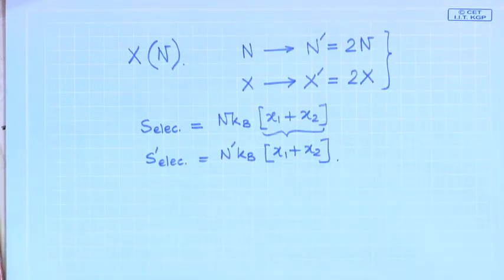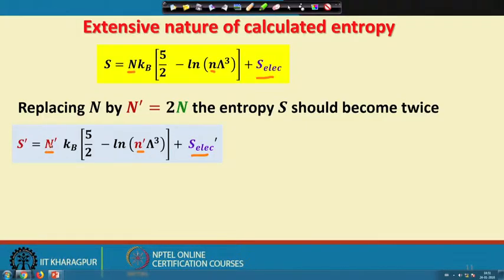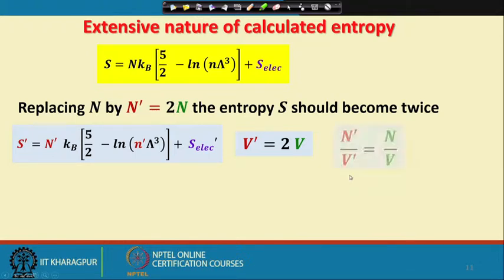So, what I can do is go ahead and replace N' by 2N and check what small n' and S' electronic are. I realize over here that when I put N' equal to 2N, the other extensive property that I have in this expression is volume. Then volume goes from a value of V to V', where V' is equal to 2V. Now, let us check what happens to the ratio N by V.